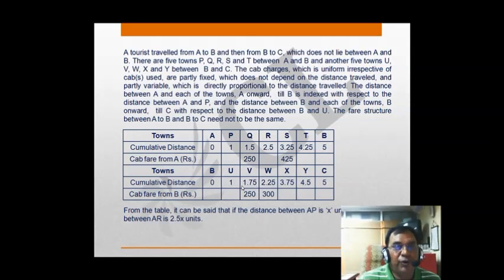Now for 2 minutes you people might get bored because I'm reading. A traveled from A to B and then from B to C, which does not lie between A and B. There are 5 towns PQRST between A and B, and another 5 towns UVWXY between B and C. Are they equidistant? I don't know. The cab charges, which are uniform irrespective of cabs used, are partly fixed, and partly depend on the distance traveled, which is directly proportional to distance traveled.